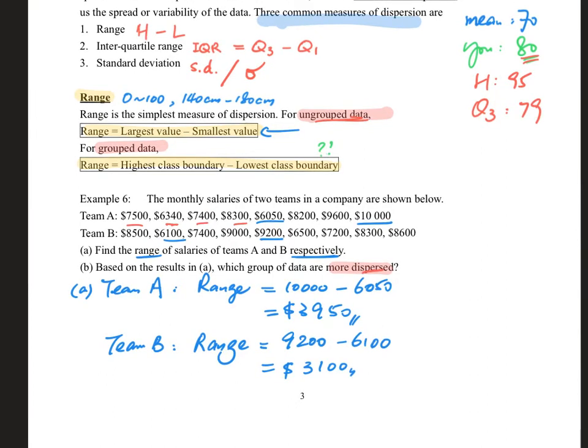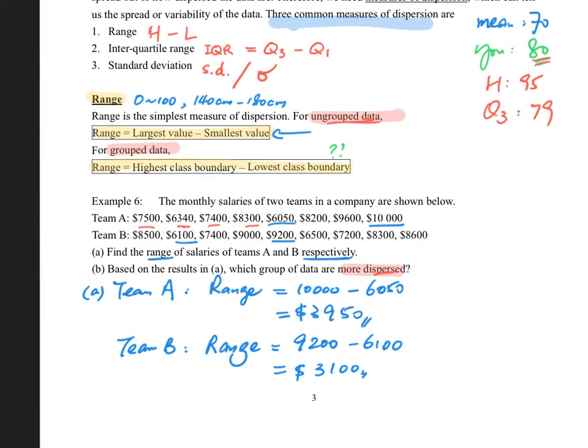In team A, the range of the salaries is larger, 3950. They come from the highest value $10,000 and smallest value $6,050.